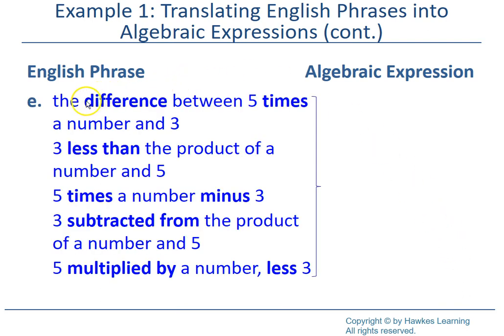Now here we have the difference between 5 times a number and 3.